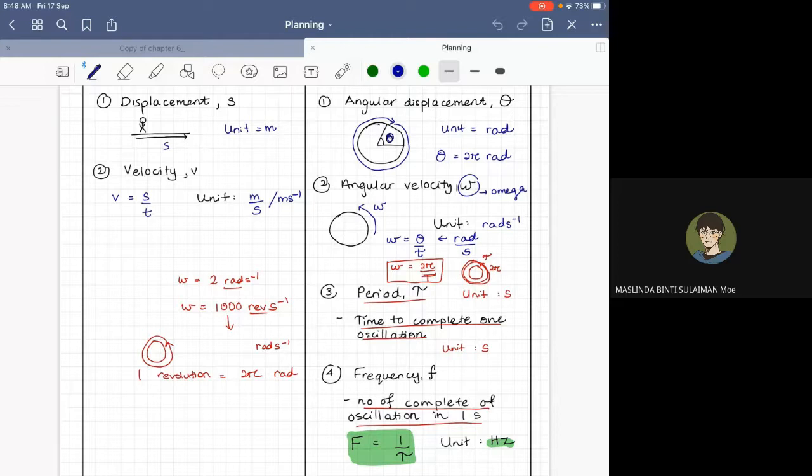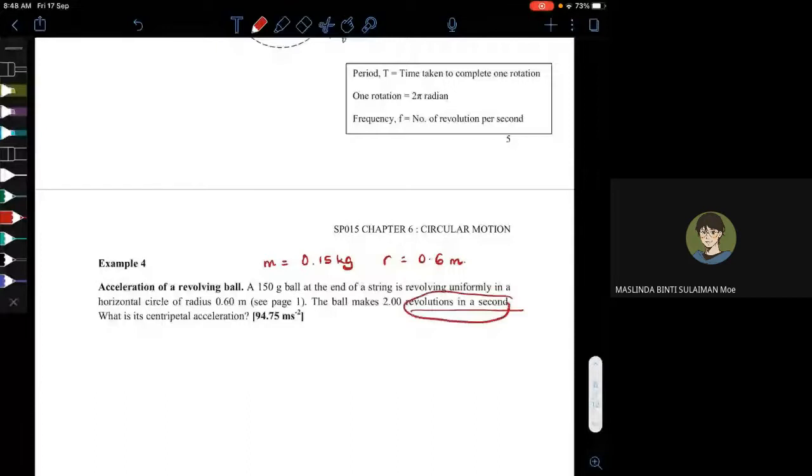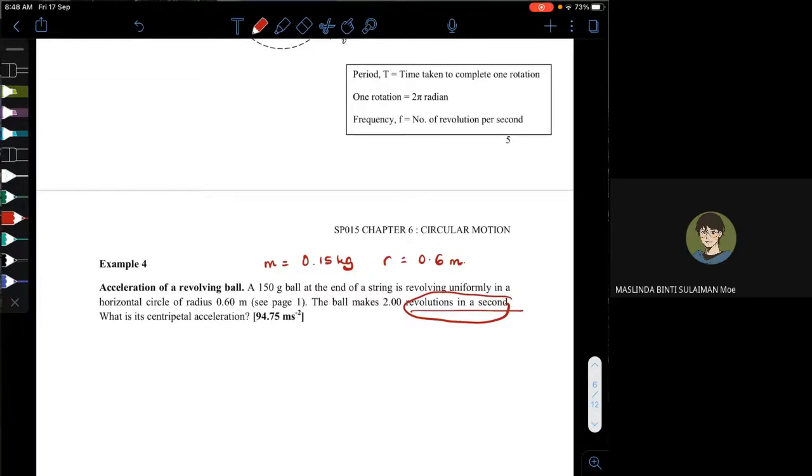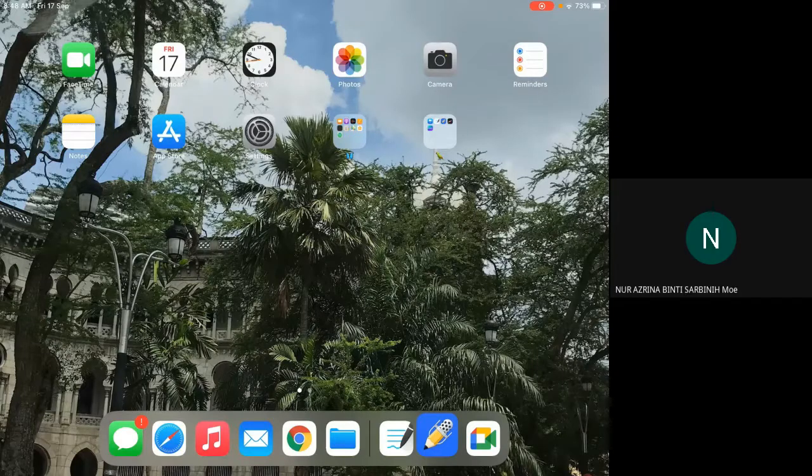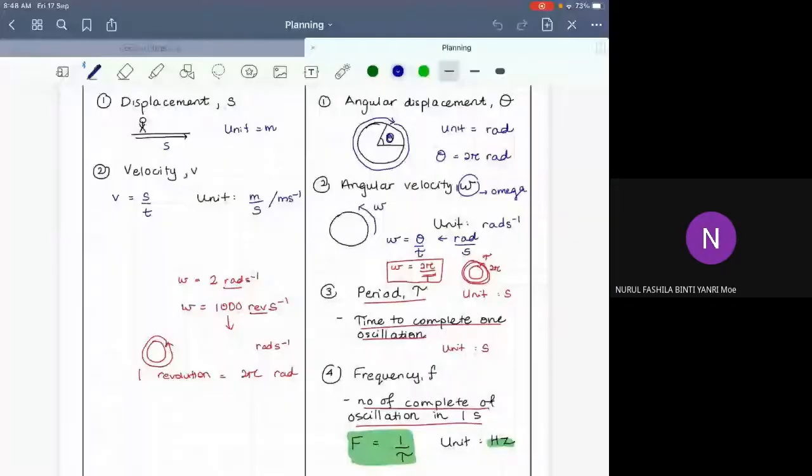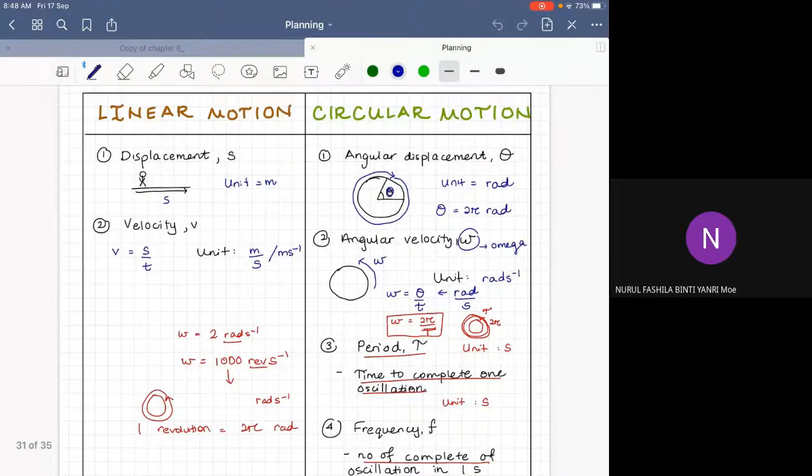Kalau contoh kita ada meter, kita ada second, kita tahu dia unit untuk time. So this one unit untuk apa? Revolution in a second. Anyone can remember? Angular velocity. Okay, very good everyone.